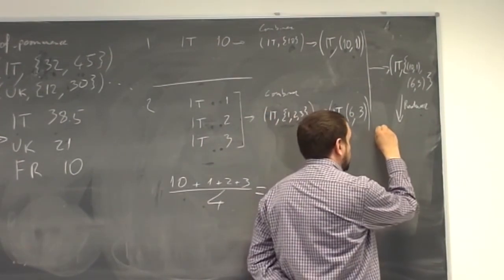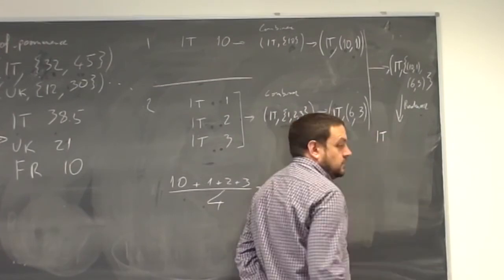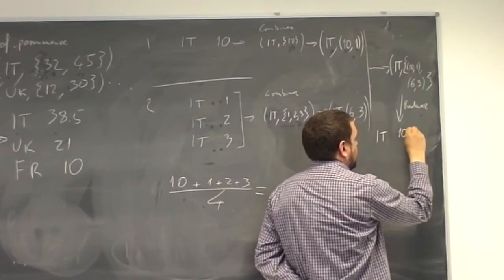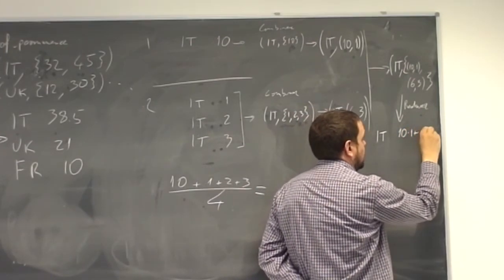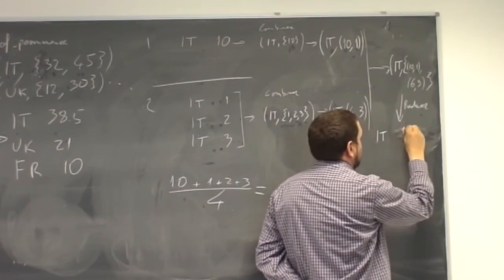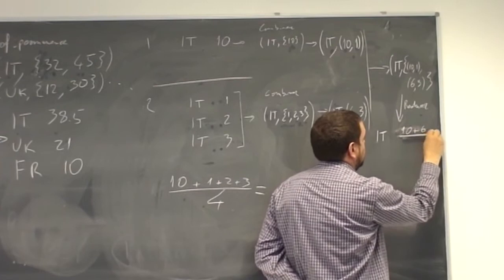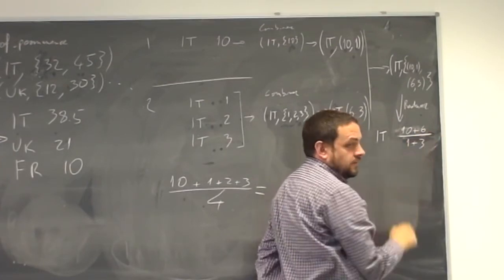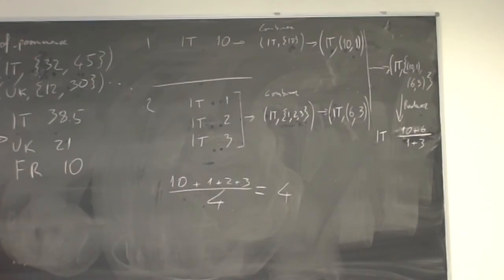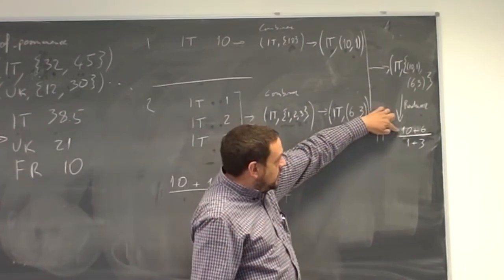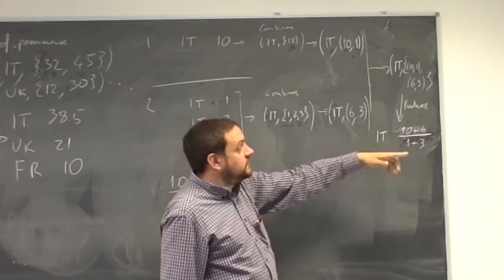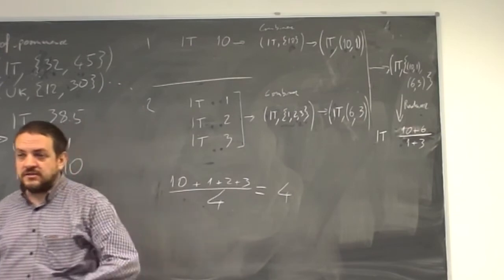The reducer needs to associate to the key 10 plus 6 divided by 1 plus 3. Okay. The overall sum divided by the overall number of items. We need to remember how many items we have in total.